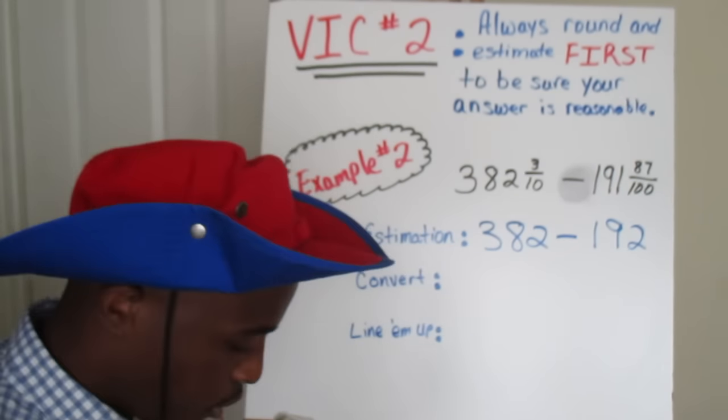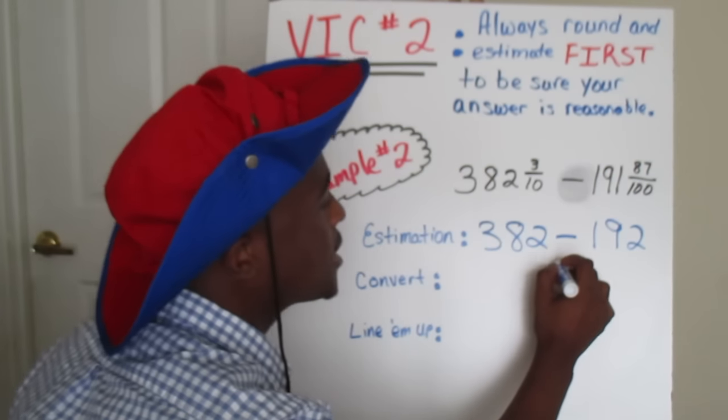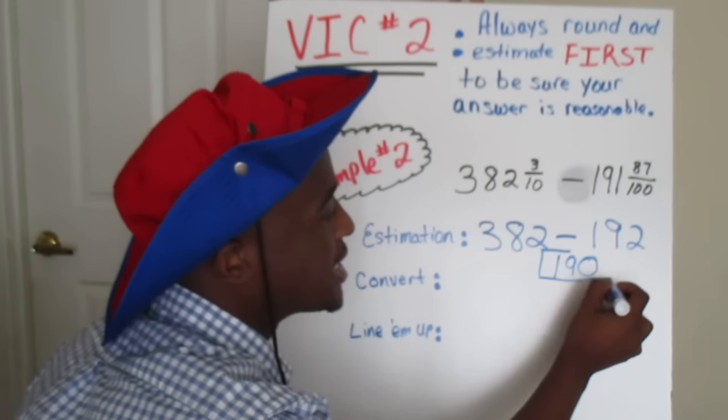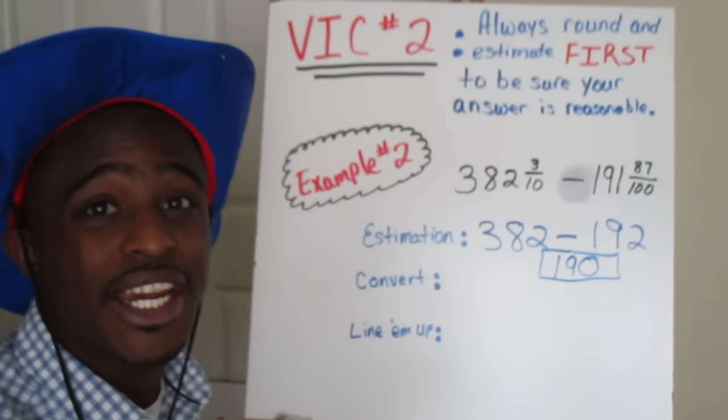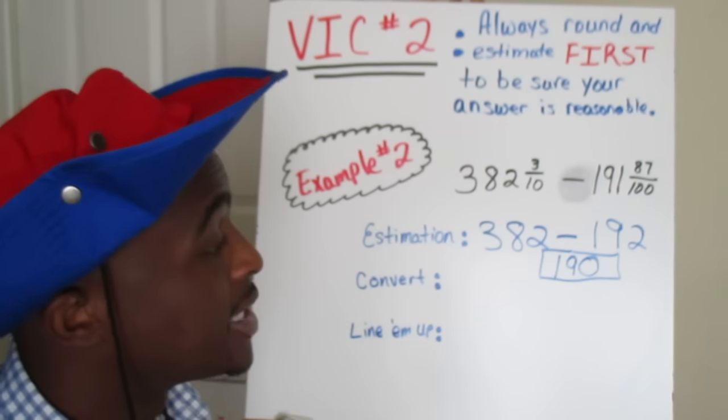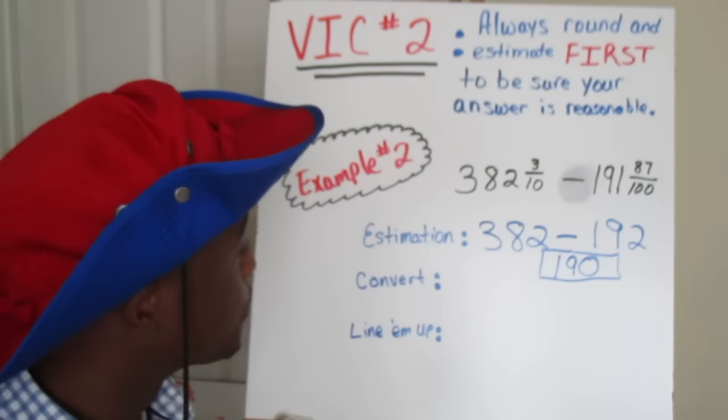When I subtract those two, I get an estimated answer of 190. Now this isn't my exact answer, it's just my educated guess. This way I can go back at the end and check to make sure my answer is reasonable.